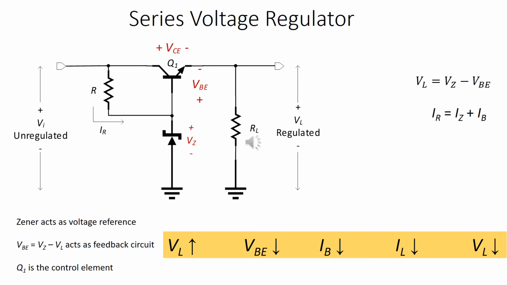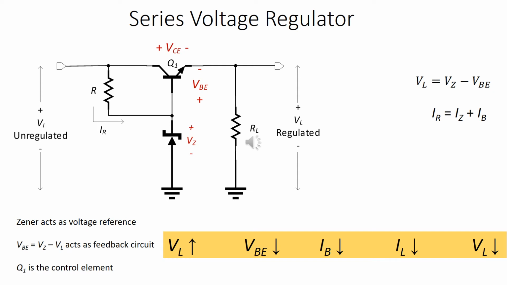Now let's try to understand what happens between Vi unregulated and VL regulated. There is a series voltage VCE with the collector more positive with respect to the emitter. That means VL regulated is Vi minus VCE.